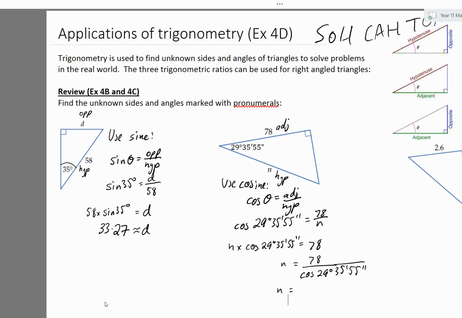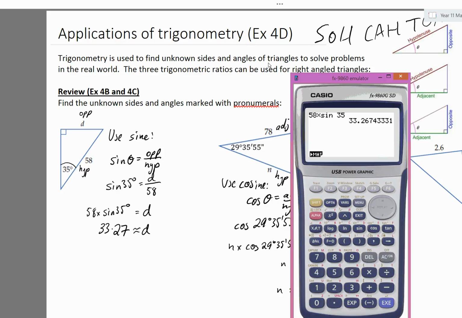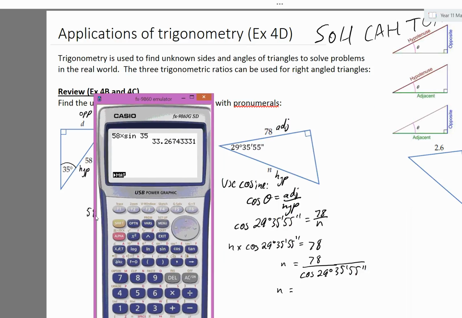How do I type this into the calculator? Same way, so 78 divided by, I was hoping to get the fraction line, so good. Cosine of, I need to go options, arrow across to the angle.